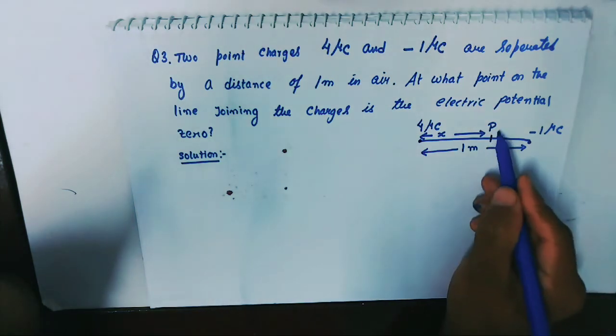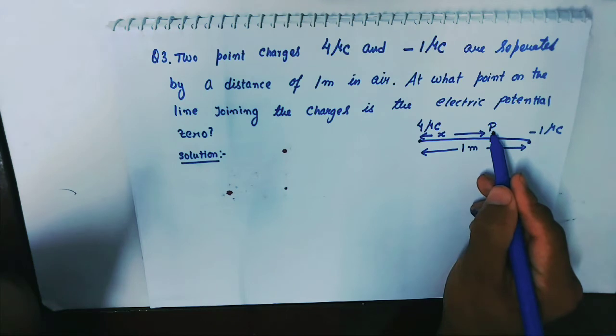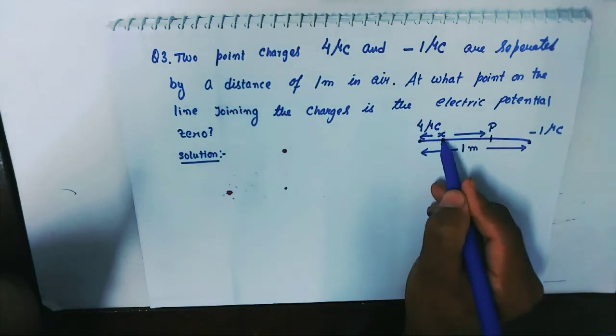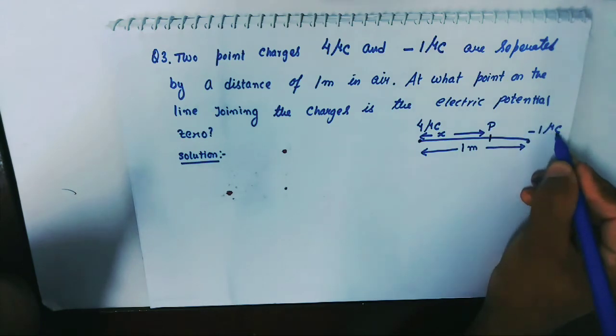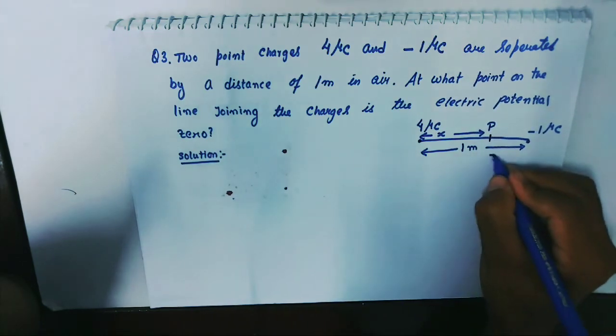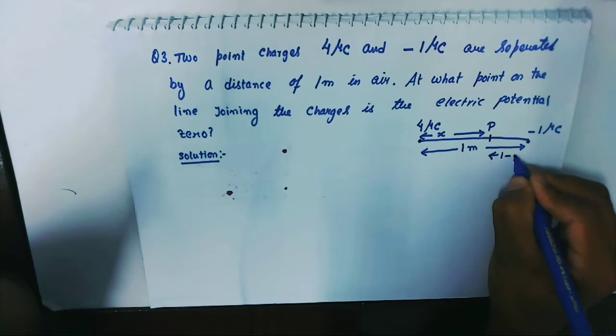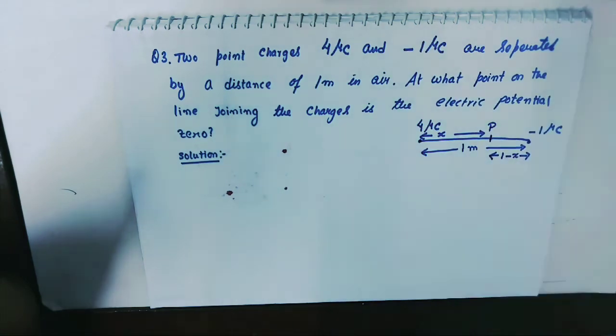So if the distance of this point P from 4 microcoulomb is x, then the distance of minus 1 microcoulomb from point P will be 1 minus x.